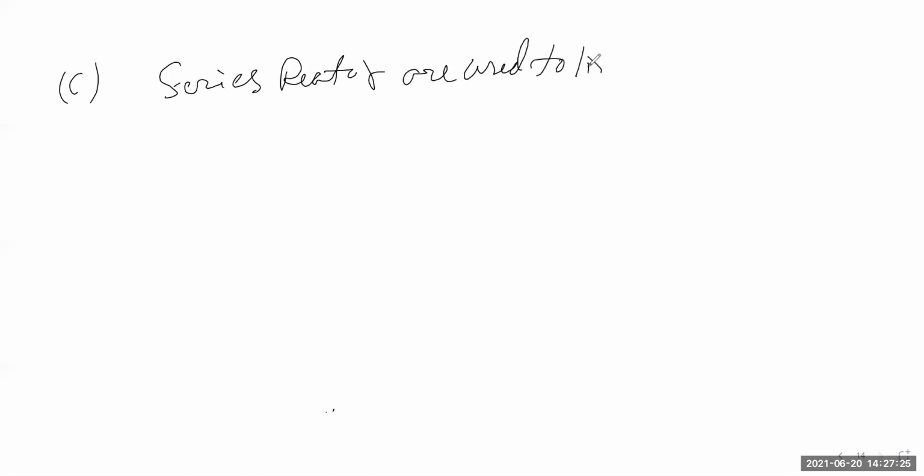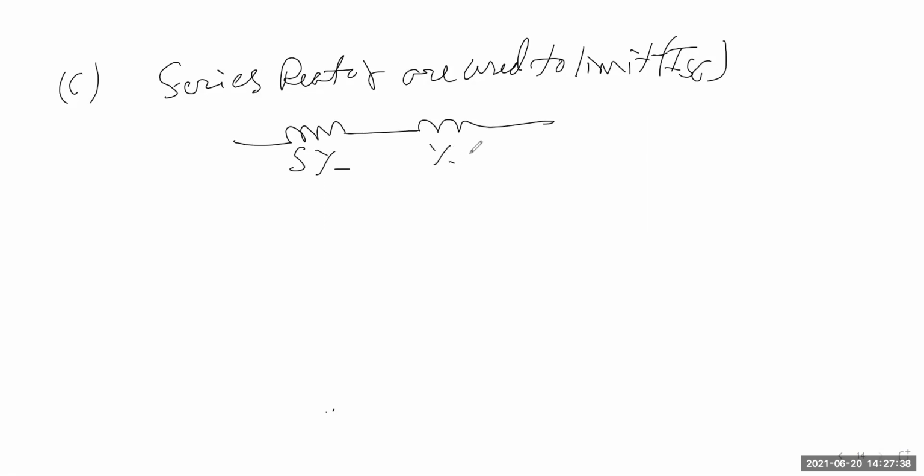Now third is your series reactor, used to limit ISC, that is the short circuit current. This is your 5% and this is your XC. So we do not use resistance, we do not use series capacitor, but we use series reactance.